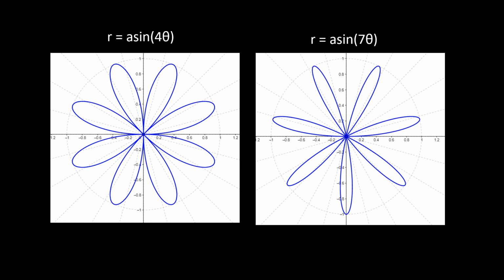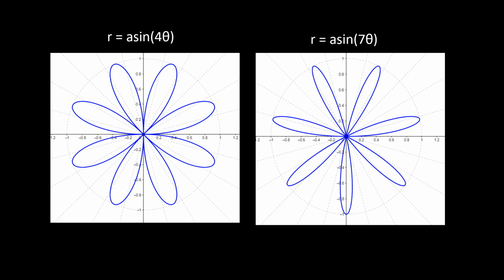For the following polar curves, r equal to a sine 4 theta and r equal to a sine 7 theta, notice that for r equal to a sine 4 theta, there are 8 leaves in the graph, equivalent to twice the coefficient of theta. On the other hand, for r equal to a sine 7 theta, notice that there are 7 leaves in the graph.